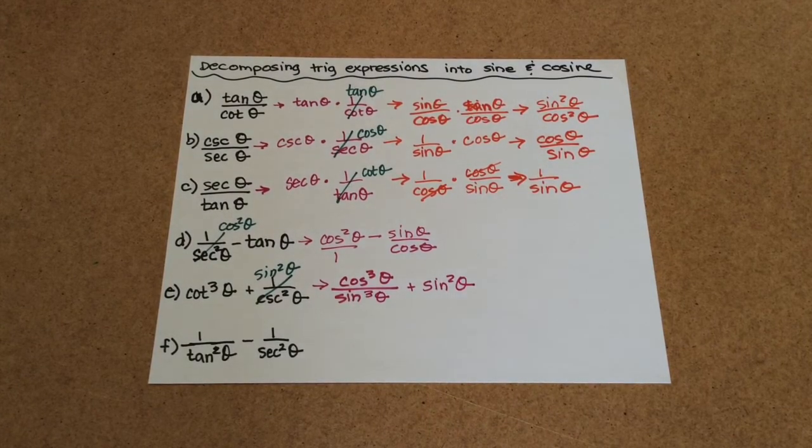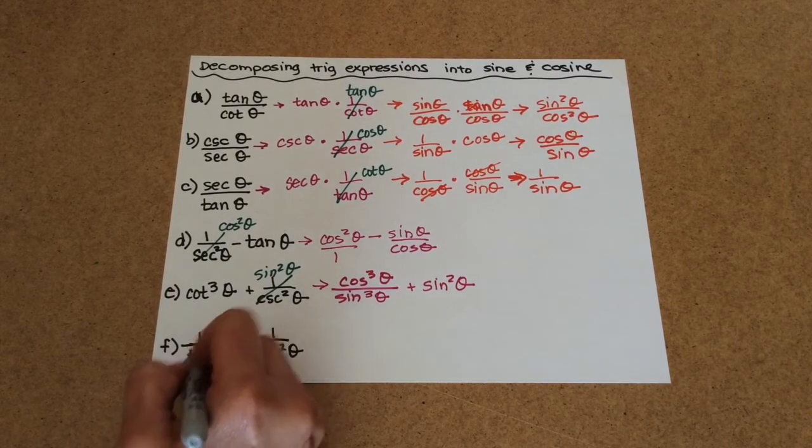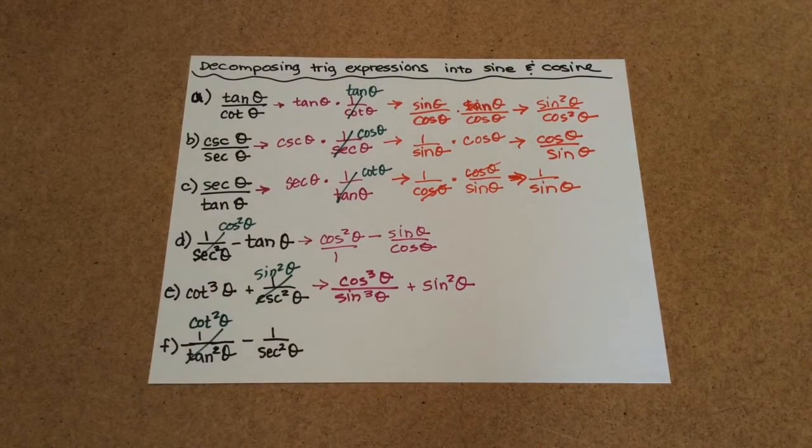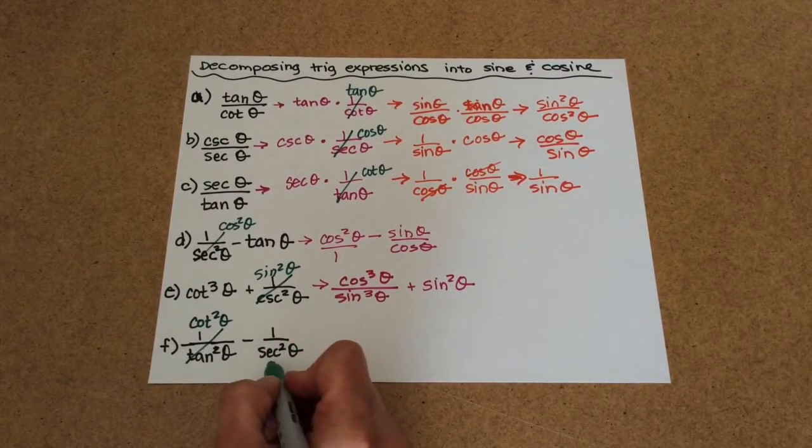Take a look at that last problem. Give it a try, press pause, and then come back and see how you did. Okay, so you gave it a try. Let's see what you figured out. Here I have 1 over tangent squared theta, which is the reciprocal of cotangent, so I can replace that with cotangent squared theta. Same thing here with 1 over secant squared theta.